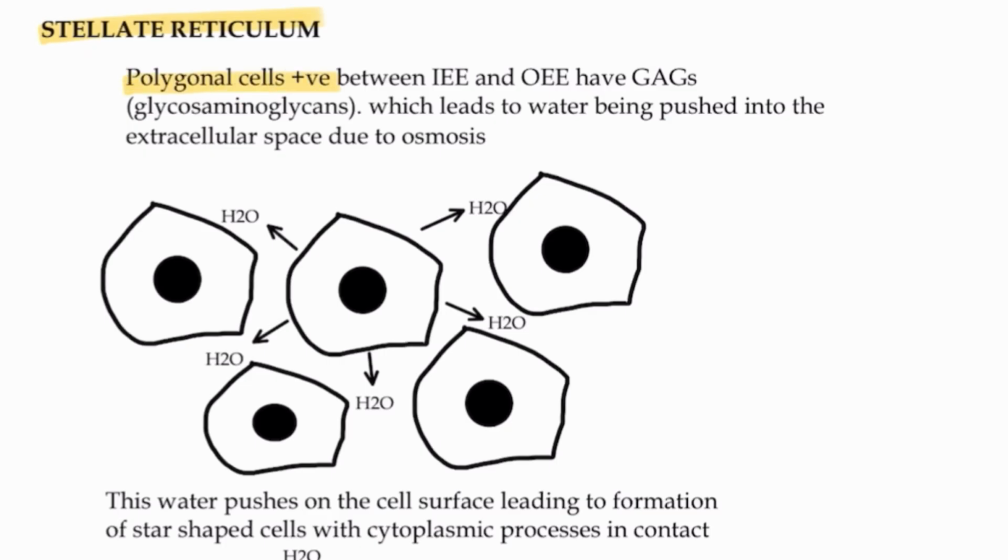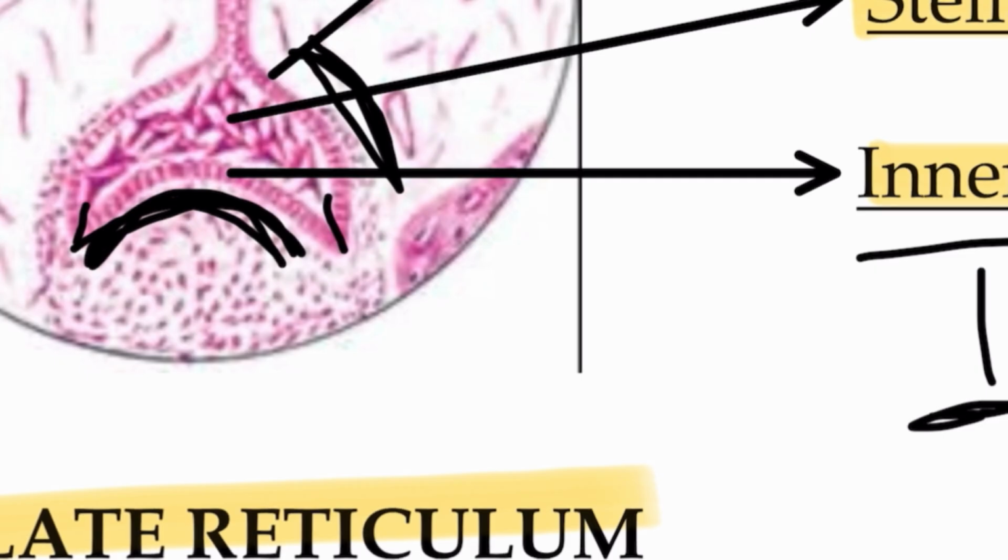Polygonal cells are present between IEE and OEE, inner and outer enamel epithelium. They have GAGs, basically glycosaminoglycans, which leads to water being pushed into the extracellular space due to osmosis. So earlier the inner cells were polygonal. They have been converted into tall columnar cells. And in the center portion, now we have polygonal cells.